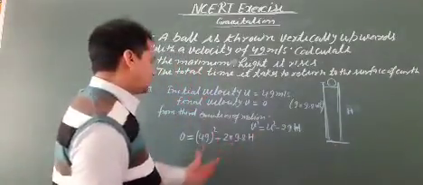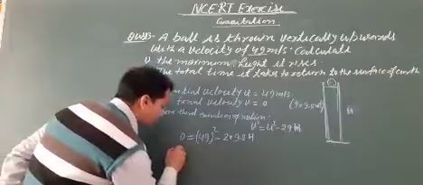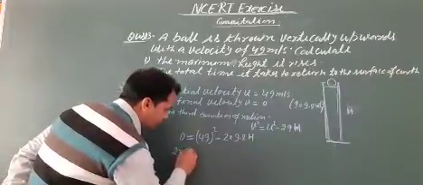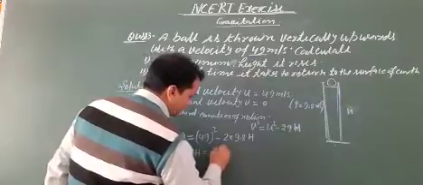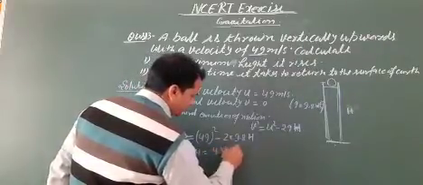So transposing this value, 2 into 9.8 h equals 49 into 49.